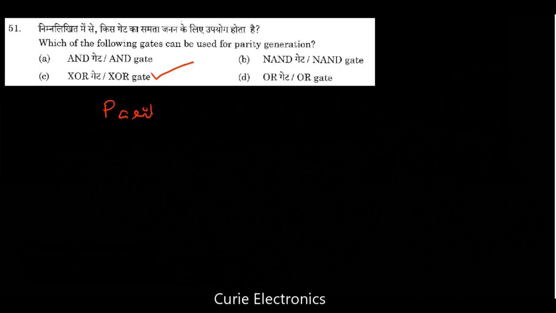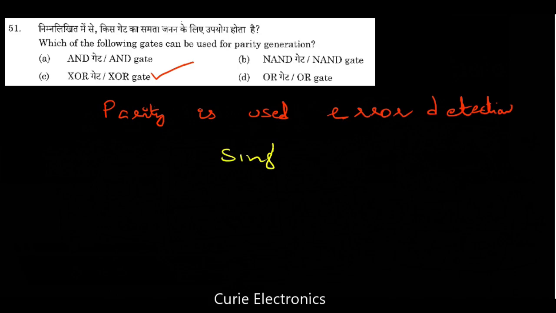Parity is used for error detection. There are 2 different types of parity, even parity and odd parity, and this is used for error detection in digital communication, small distance communication. But it can detect only a single bit error, not error correction, only single bit error detection.